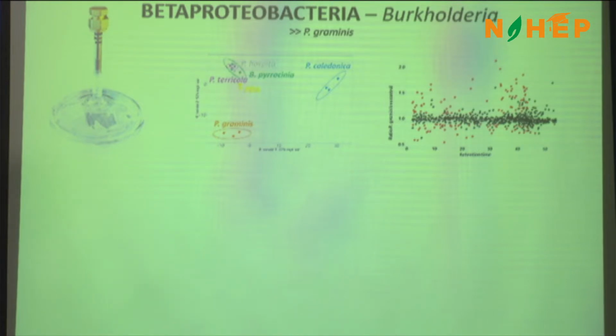So here we are doing a kind of beta diversity. We are looking at different treatments. Yeah? So we have Burkholderia graminis, Paraburkholderia terricola, and all the others, and the control that was PDA, and they were all here, and then Paraburkholderia graminis had a significantly different profile than the others.